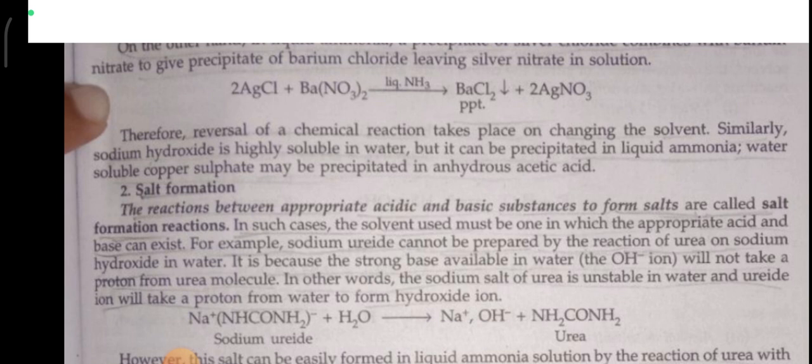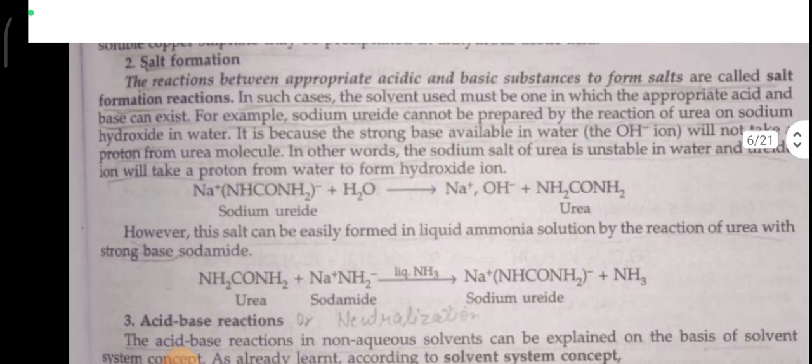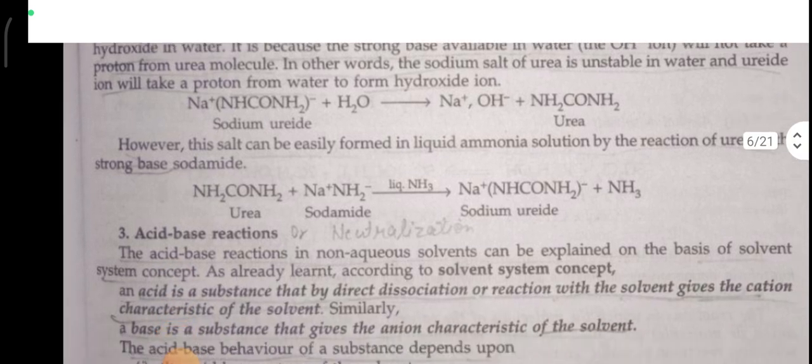It is because the strong base available in water will not take the proton from urea molecule. In other words, the sodium salt of urea is unstable in water and ureate ion will take a proton from water to form hydroxide ion. However, this salt can easily be formed in liquid ammonia solution by reaction of urea with strong base sodamide.